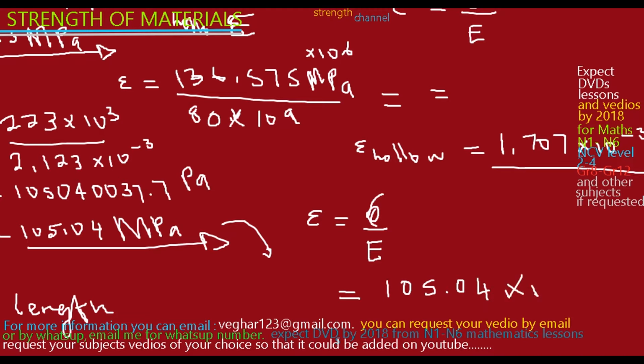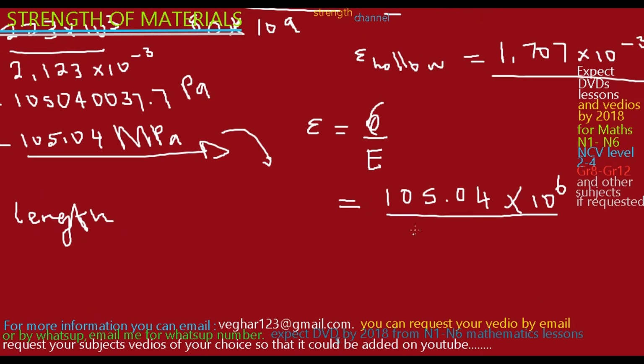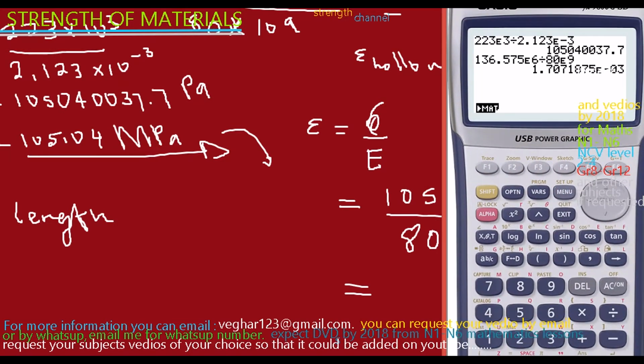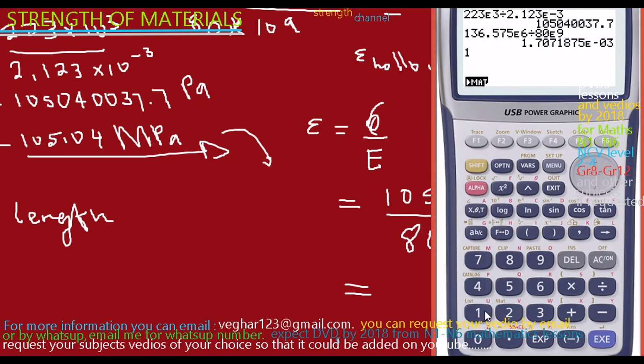So times 10 to the power 6, and calculating this, we'll have 105.04 exp 6 divided by 80 exp 9.